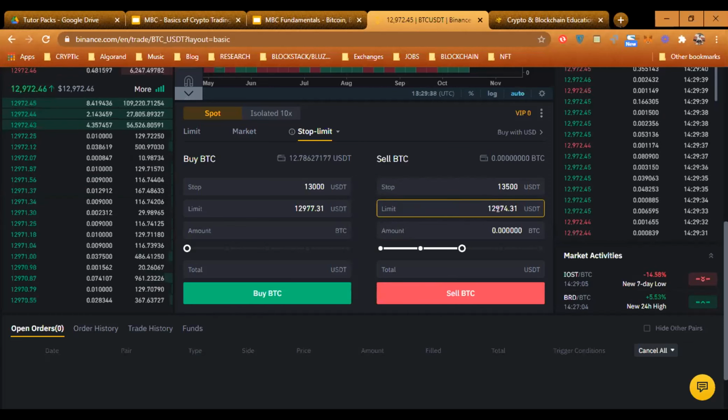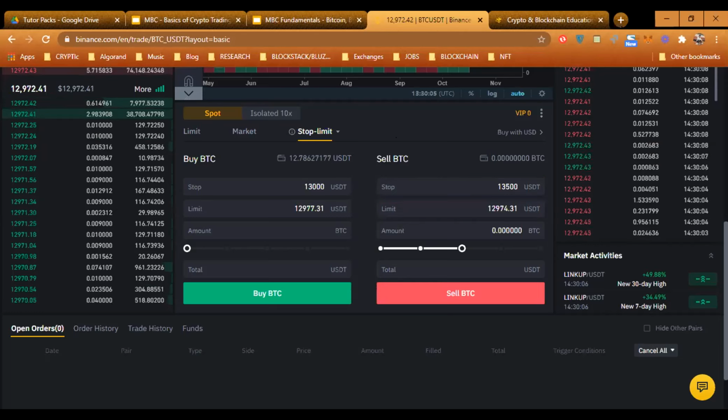But if you place a limit order at 12,974, it means that if BTC, instead of increasing to 13,500, drops to 12,974, it will sell at this point. So you won't have the risk of the value of your BTC reducing because of the price impact in the market. Please let me know if you understood what I just said.